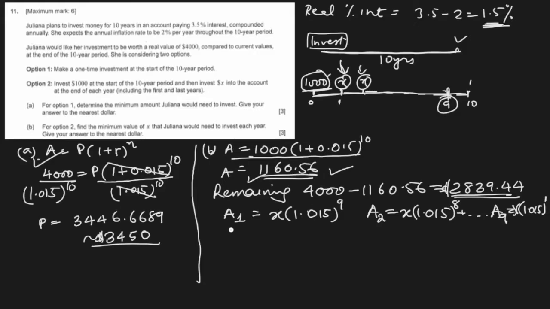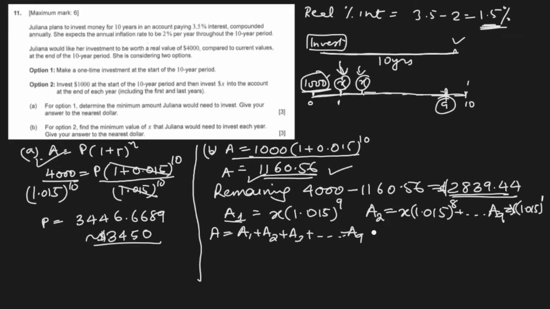Okay. So now what is the amount? Total amount will be A1 plus A2 plus A3 up to A9, which we want equal to $2839.44. This should be the sum of these investments. So let's write A1 first, which is X times 1.015 to the power 9.